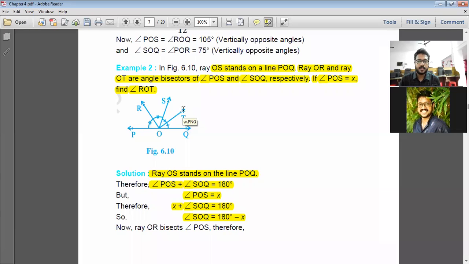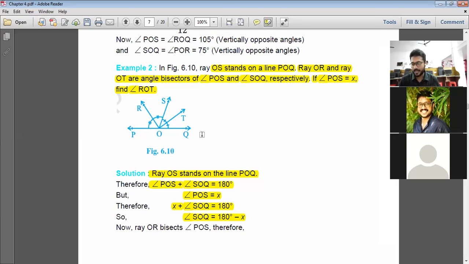Now, if you want to find angle SOT, then you need to find angle TOQ. Do you know why? Because both these angles, angle SOT and angle TOQ, are equal.